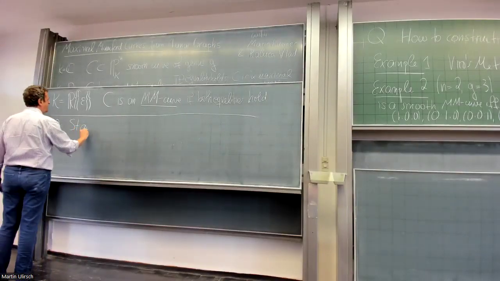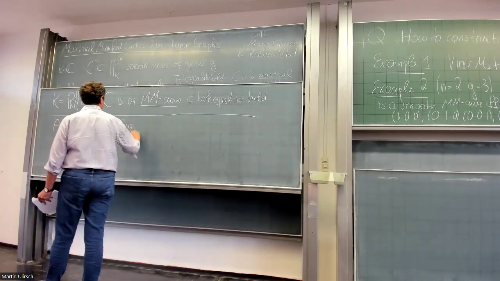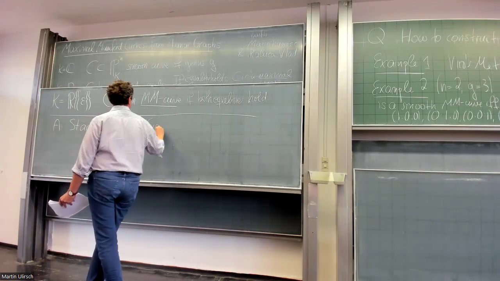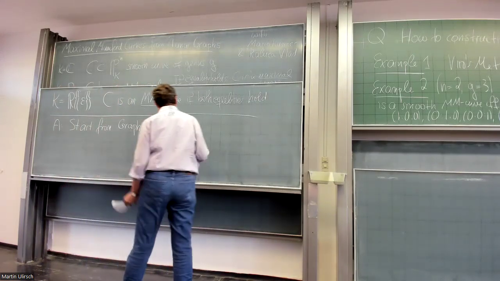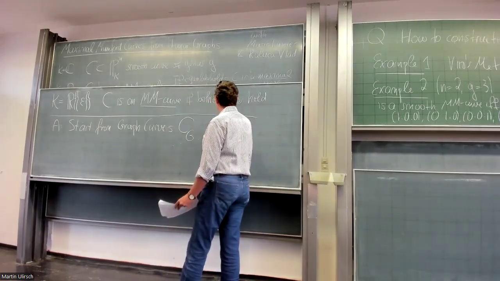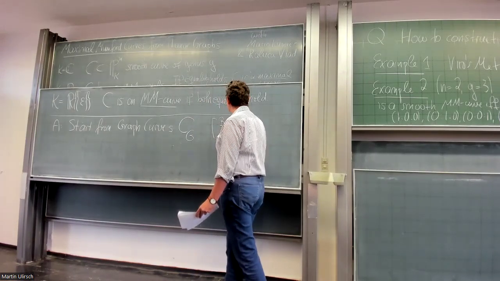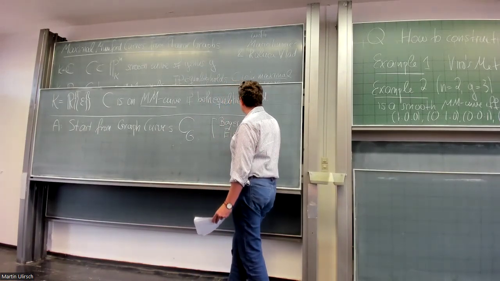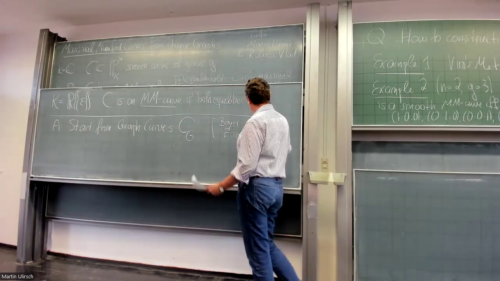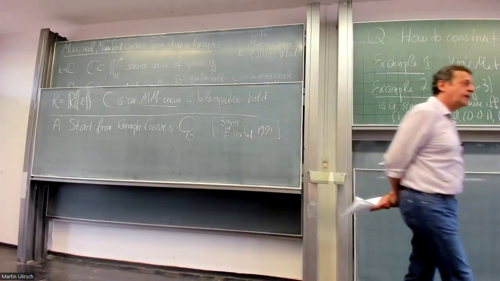I'd like to start from a so-called graph curve. Okay, so these are curves associated with graphs. There's a paper called Graph Curves by Dave Bayer and David Eisenbud from 1991 that lays out the basic theory.